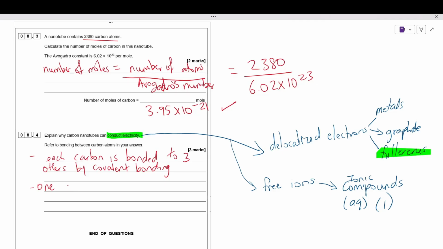So we have one delocalized electron per atom, which means these delocalized electrons can move through the structure and carry that electrical charge, right? So delocalized electrons can carry charge through the structure.